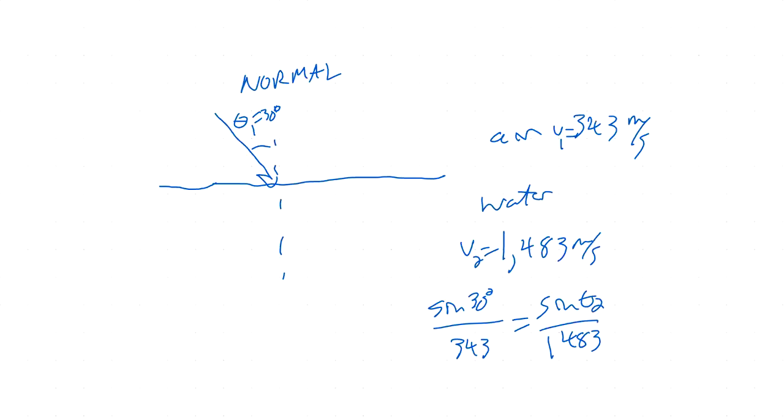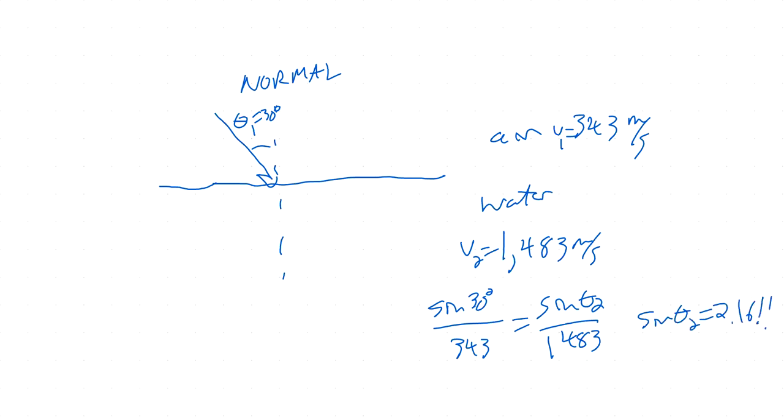And if I do this math, first of all, make sure you're in degrees, everybody. I'm in degrees. Awesome. Sine of 30, I know that to be a half. That's an easy one. Divided by 343 times 1483. What you're going to see right away is that sine of theta 2 is 2.16.